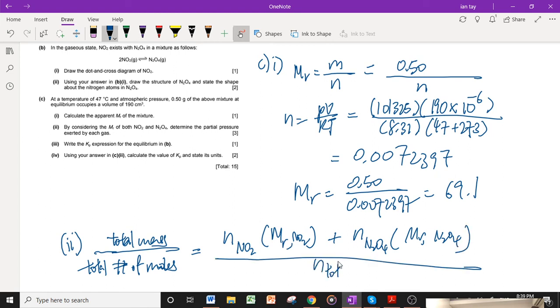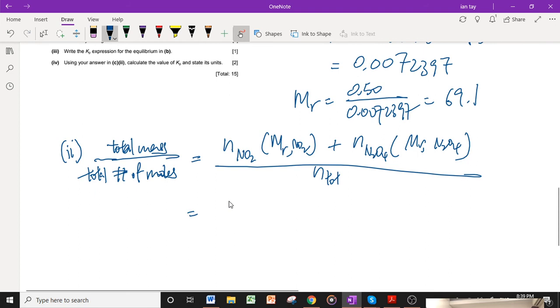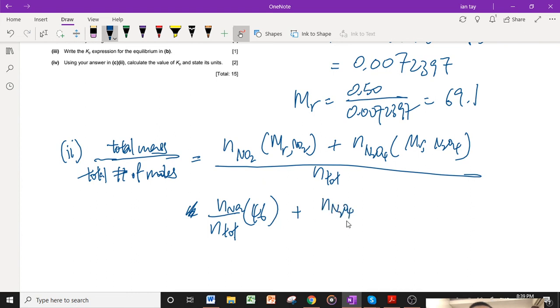And then you can break out the molar fraction of each gas, times the MR of NO2, which is 14 plus 16 times 2 gives you 46, plus N of N2O4 divided by N total times 46 times 2 is 92, and that gives you the apparent MR of 69.1.